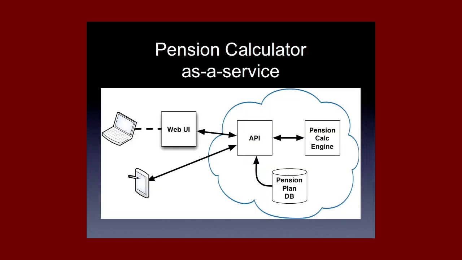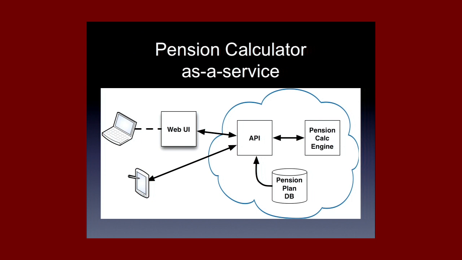So the pension calculator as a service is structured basically this way. The user on their laptop is going to just access the web UI over the web. The web UI is just HTML and JavaScript. It's going to make REST calls back to the centrally cloud-located API, which is going to return its data in JSON format. Then it's going to plot that data using the Highcharts library, which I'll show you next.